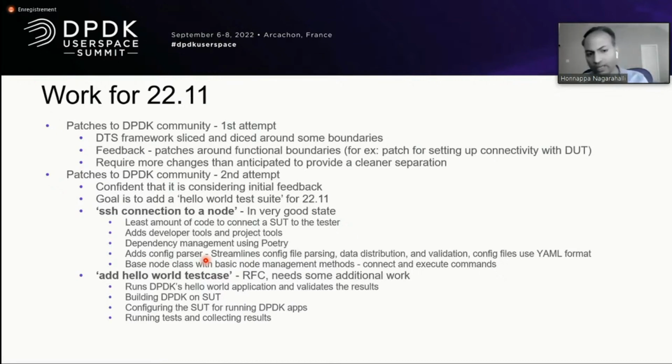So we are streamlining the parsing of the config files, and then how that parsed data is distributed within the framework, as well as to the test cases that will get added. And then there's a way to validate that configuration as well. This validation is going to be done upfront. You don't need to run test cases to realize that there's something wrong with the configuration.